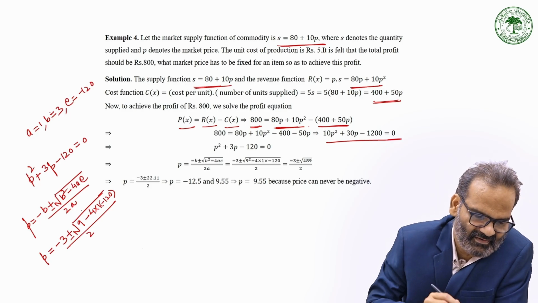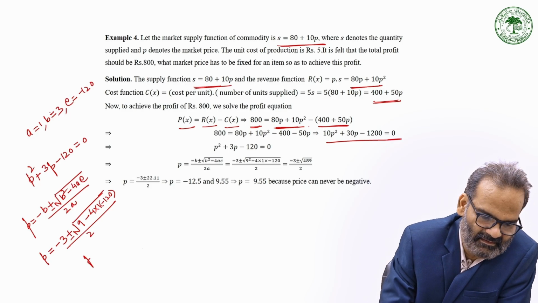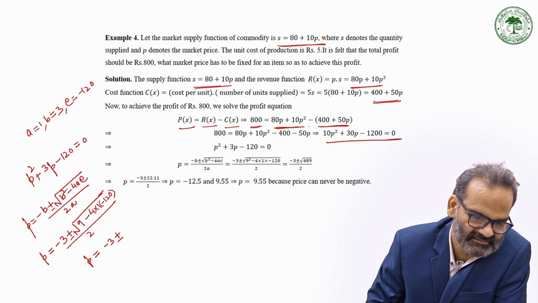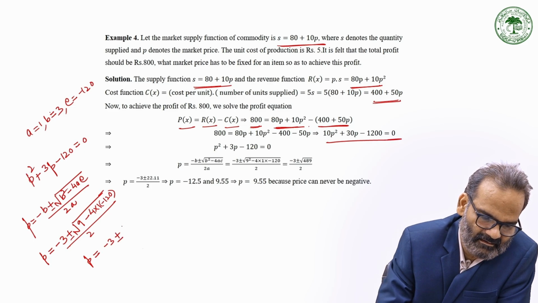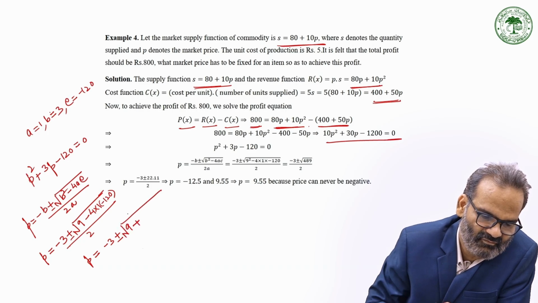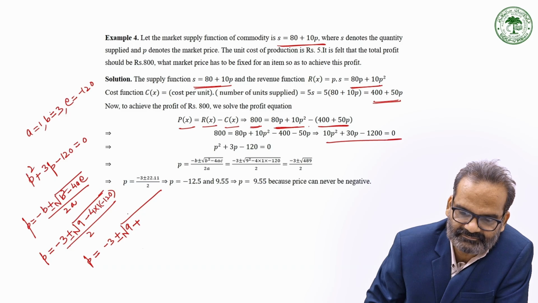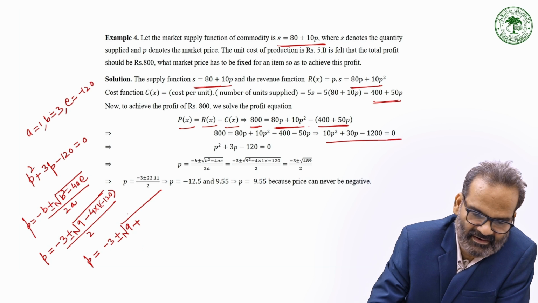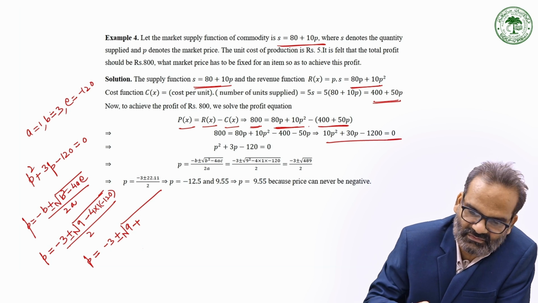Now you can simplify it. This equals minus 3 plus minus root of 9 plus 120 into 4. What do you get? 480 plus 9.